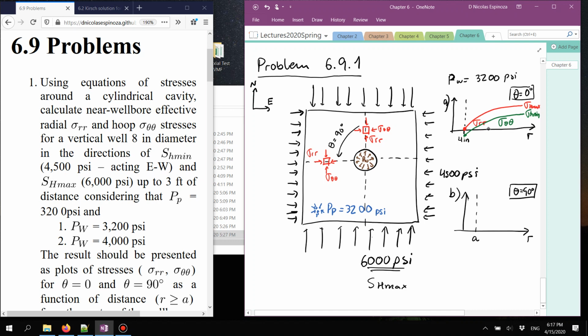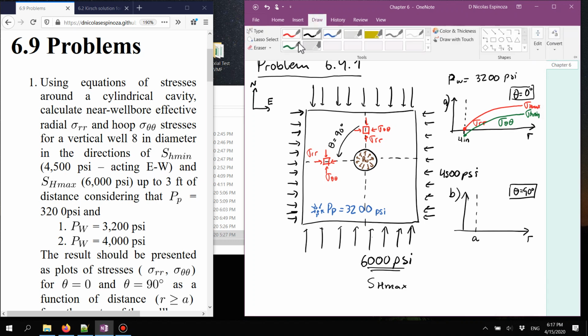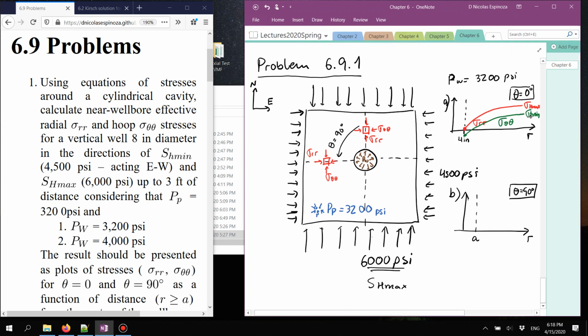The main goal of this problem is to see how long it takes for these stresses, sigma theta theta and sigma RR, to tend to these asymptotic values or far field values. And what you're going to see is that this distance, where there is a relatively high change, is not too long.